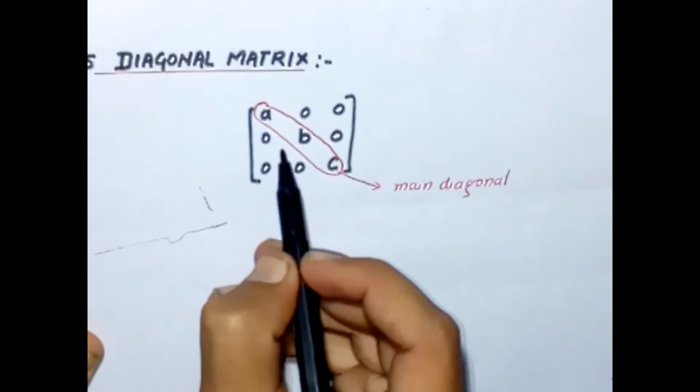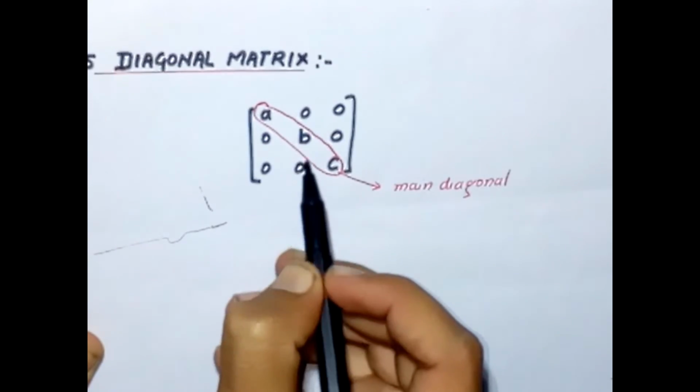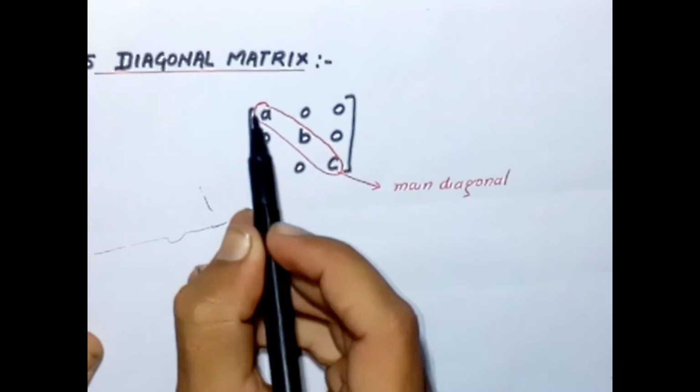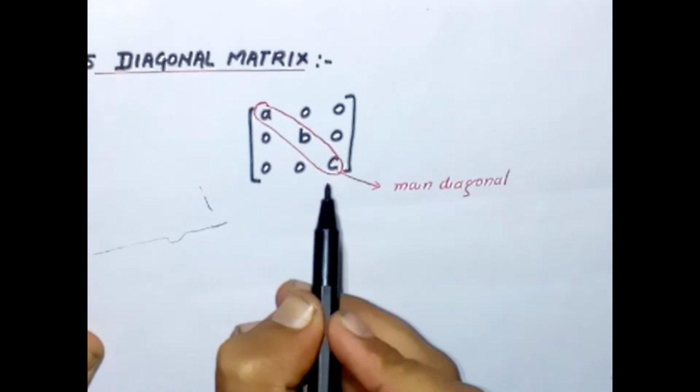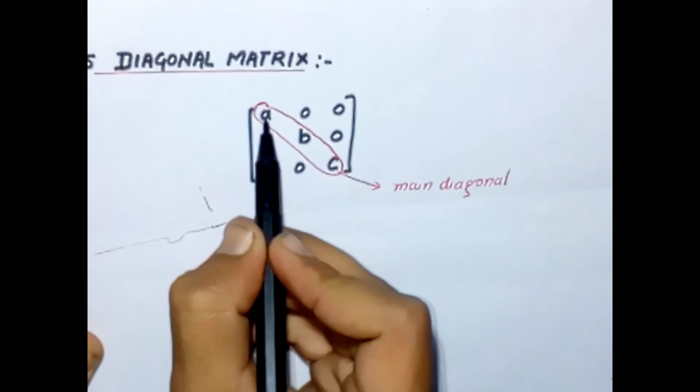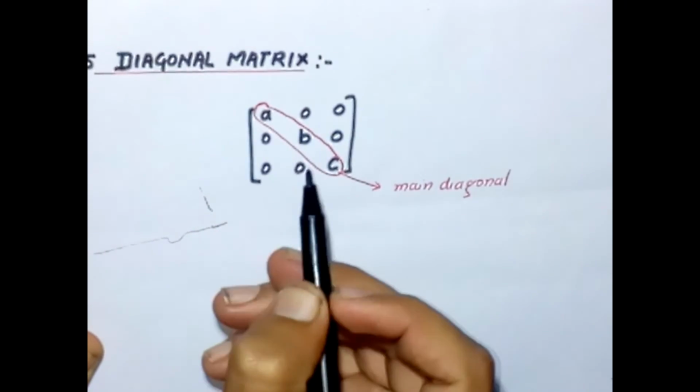A matrix will be a diagonal matrix if all the elements below and above the main diagonal are 0, except for non-zero elements along the main diagonal.